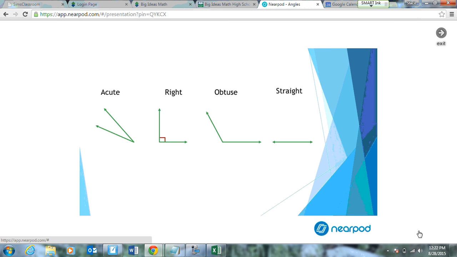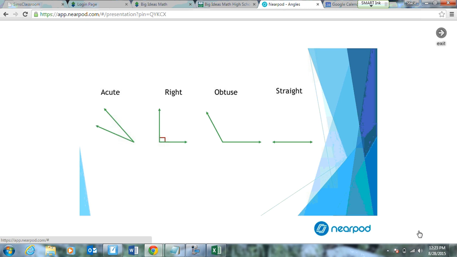There are 4 types of angles. Again, in your notes. 4 types of angles. Acute angles have a measure less than 90. Right angles have a measure of 90. Obtuse angles are between 90 and 180, but not including 90 or 180.